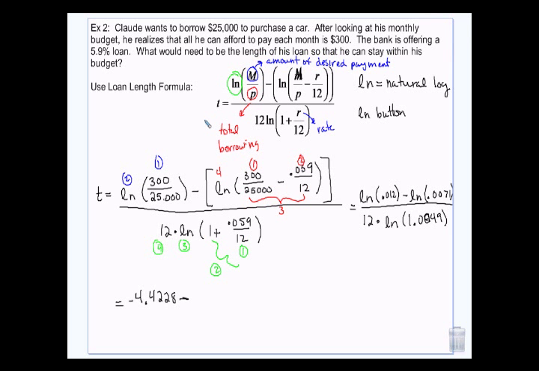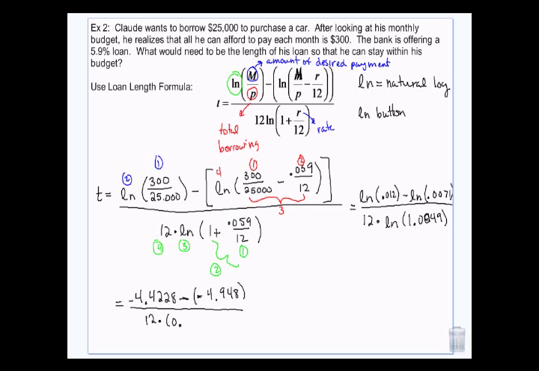So natural log 0.0071. And that's another negative number, negative 4.948. And then I have the natural log of 1.0049. But I'm going to have to do 12 times that.